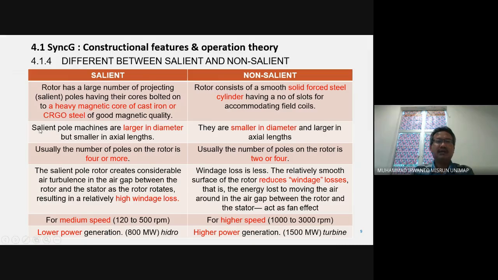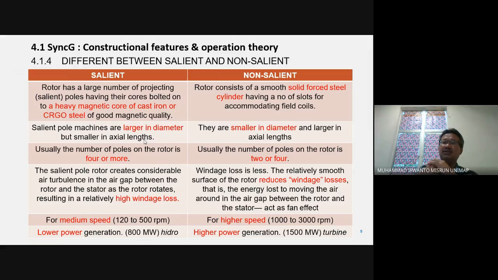And then we can see here, salient pole machines are large in diameter but smaller in axial length. I repeat again that for the salient rotor generator, the diameter of the rotor is larger compared to the non-salient rotor generator, but the length is shorter.